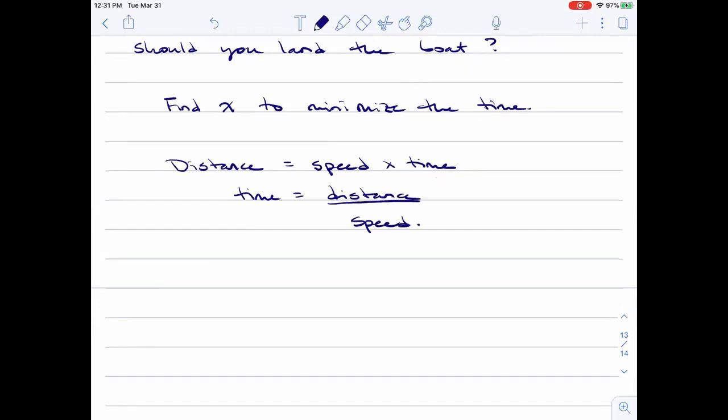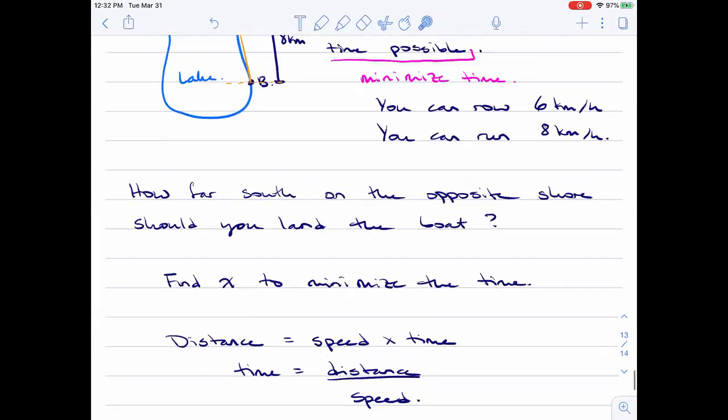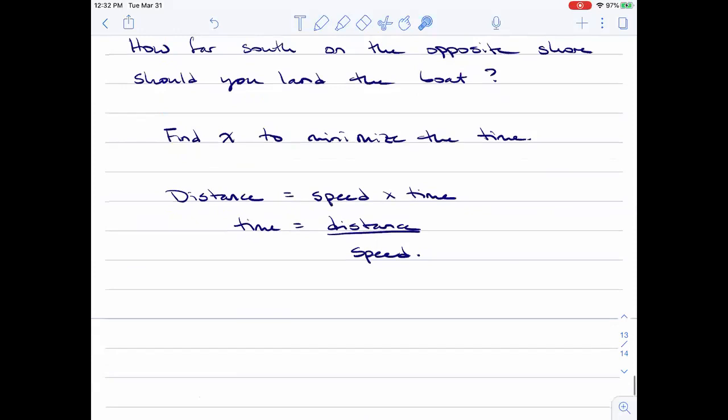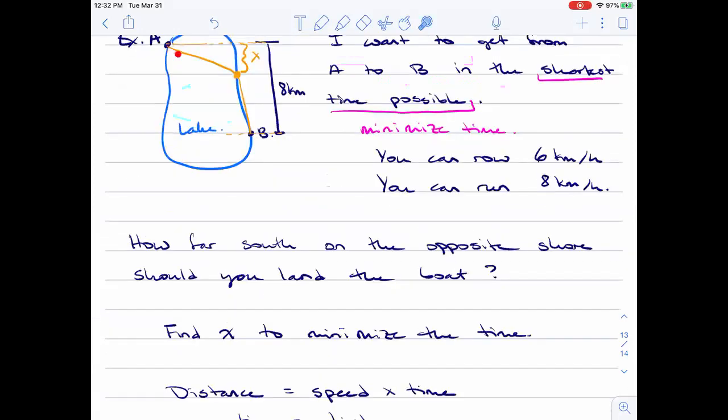That's going to be important to keep in mind. Here I have to be rowing, and then here I have to be running, and so the total time is going to be broken up into the time spent rowing and the time spent running.